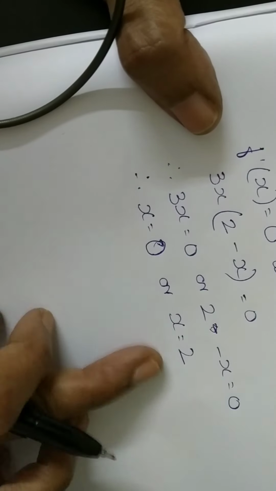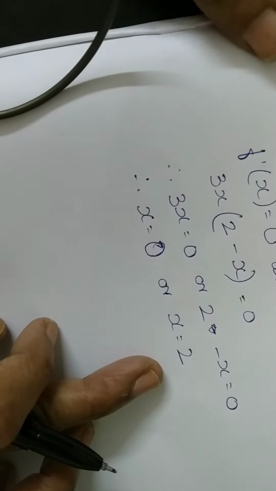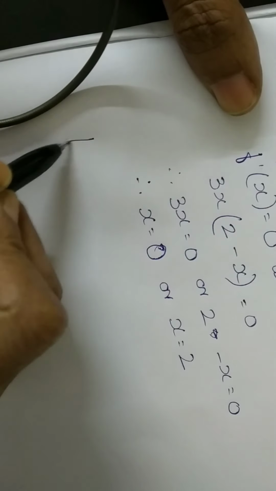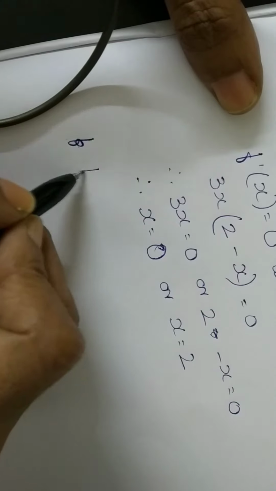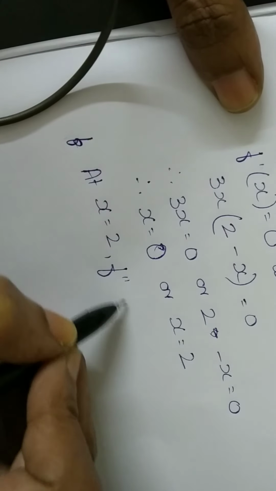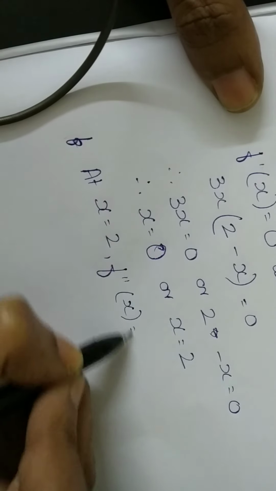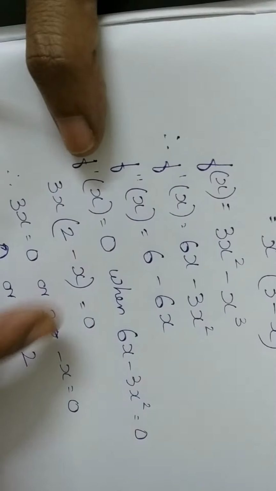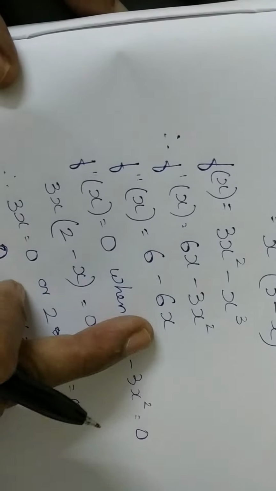Now let us examine this particular function. First, x is equal to 2. So at x is equal to 2, what is the value for f double dash of x? What we got just now, that is f double dash of x turned out to be 6 minus 6x.